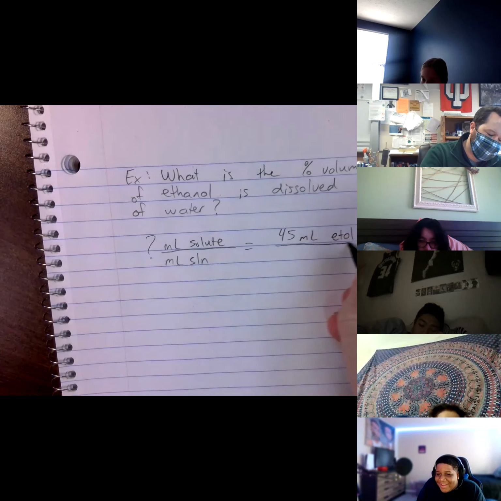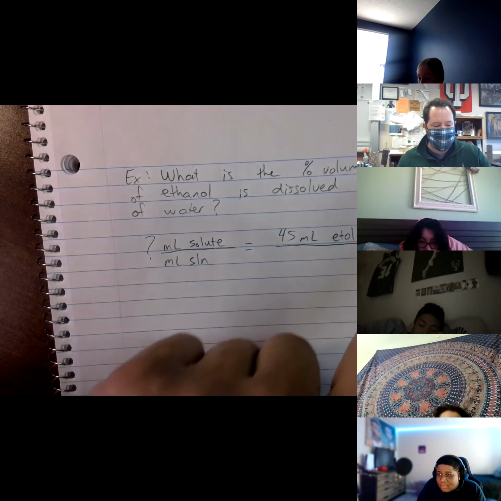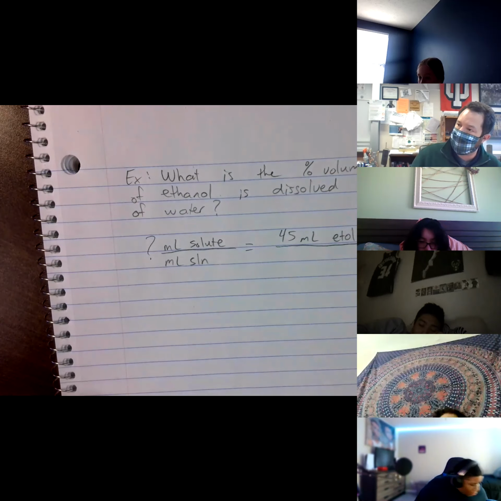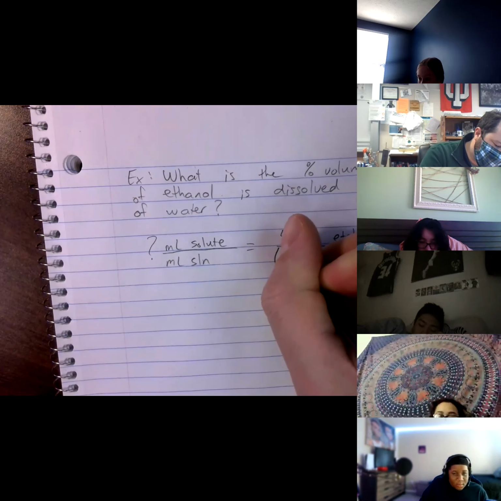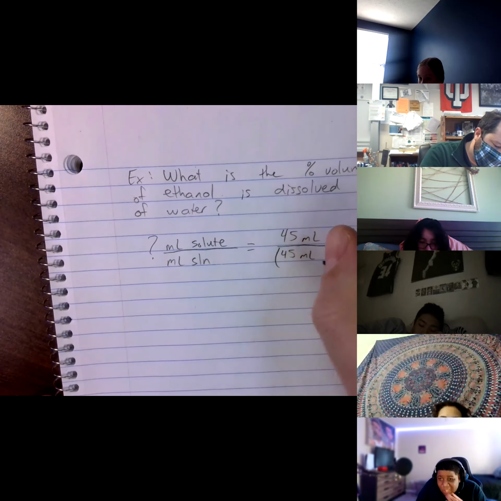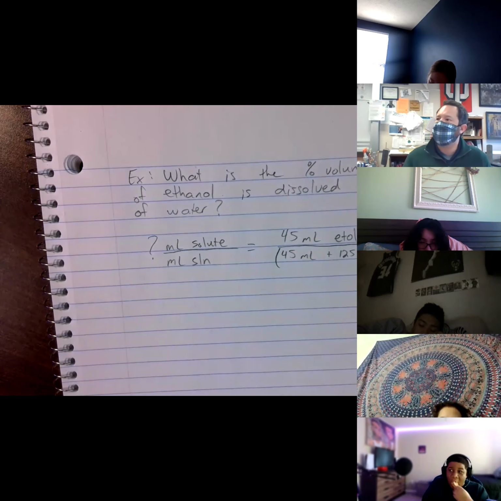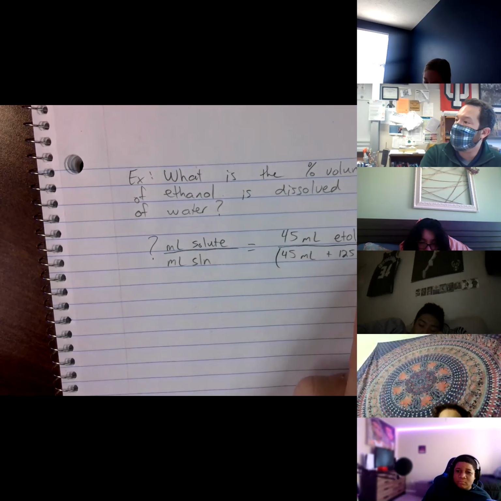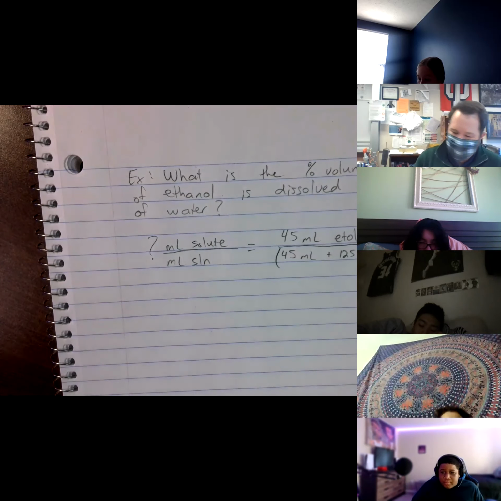That's dissolved in 125 milliliters of water. Now the problem is that's not my solution. My solution is both of them together. My solution is solute and solvent together. So that's kind of the trick to that one.